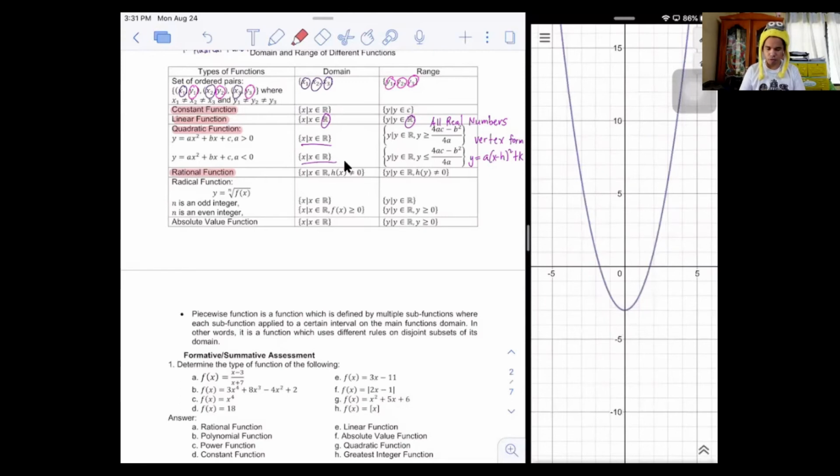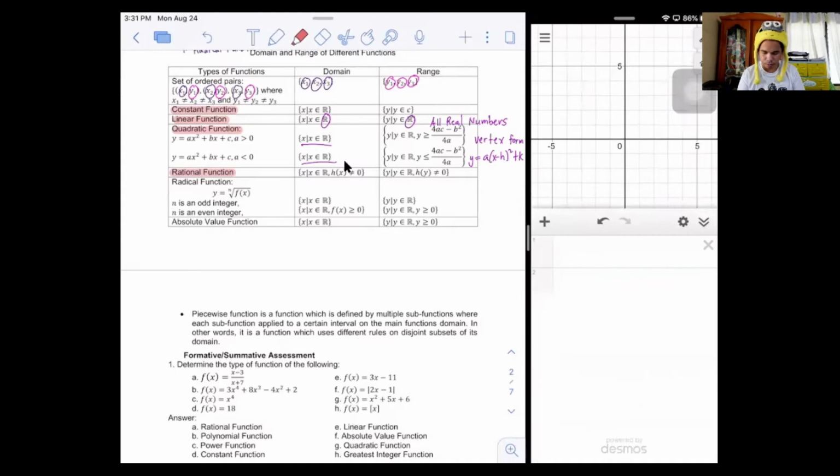Okay, so that's for quadratic function. And remember, since this opens upward, the range is all real numbers greater than or equal to -3.